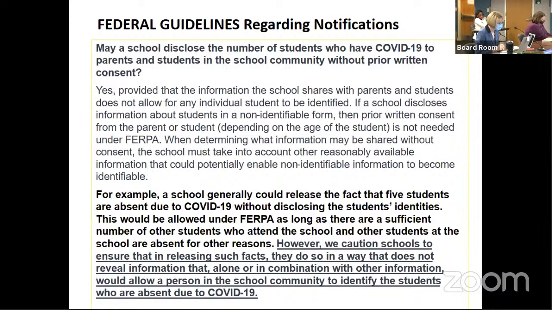The underlined sentence: we caution schools to ensure that in releasing such facts, they do so in a way that does not reveal information that alone or in combination with other information would allow a person in the school community to identify the students who are absent due to COVID-19. Early on in the school year, we ran into many people who did not want others to know that they had been COVID-19 positive.